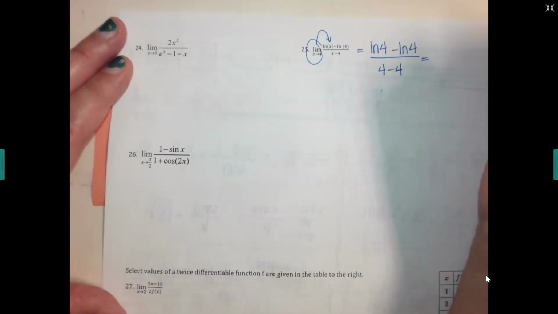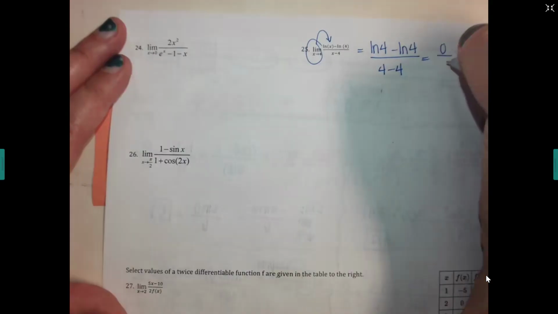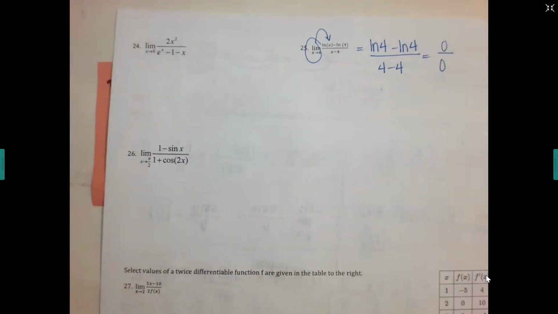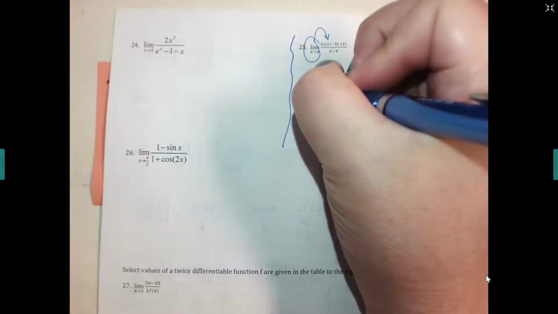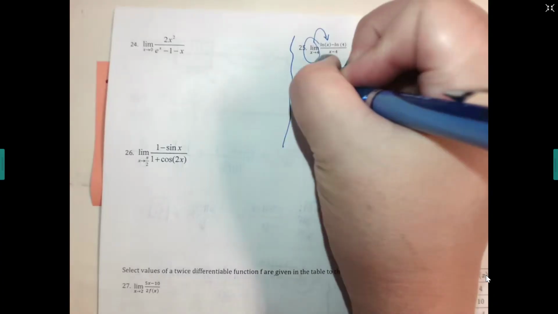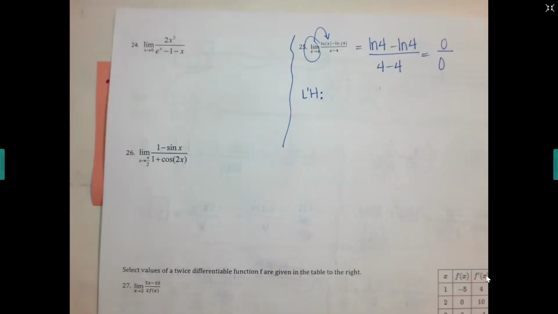Okay, and when I see that comes out to 0 over 0, that means any of my methods could work. But you can't use conjugates. You can't use factor cancel. So L'Hopital's rule is really your only option for this question. So you would take the derivative of the top, the derivative of the bottom, and then retry the limit.